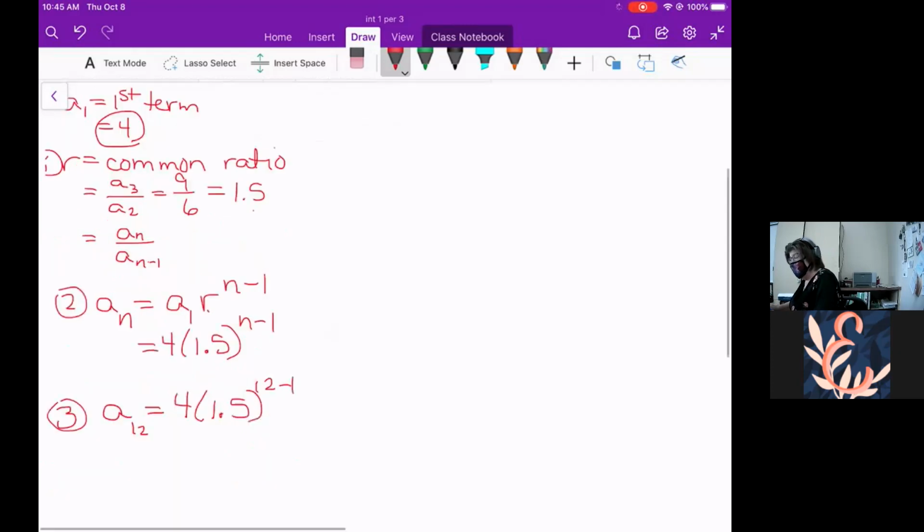If you're using your phone as a calculator, here's how you use your phone. You need to turn it to the side. Then you're going to go 4 times 1.5.